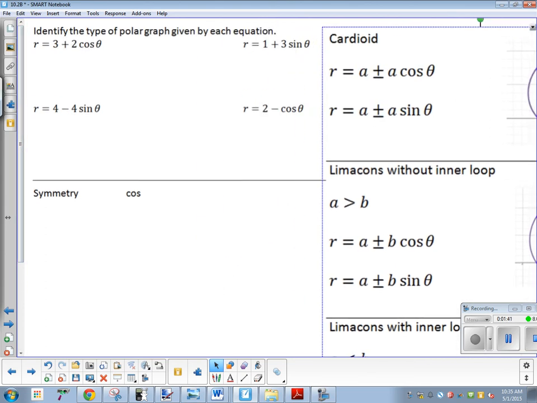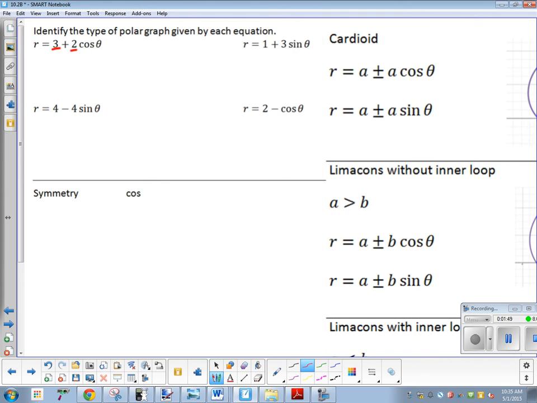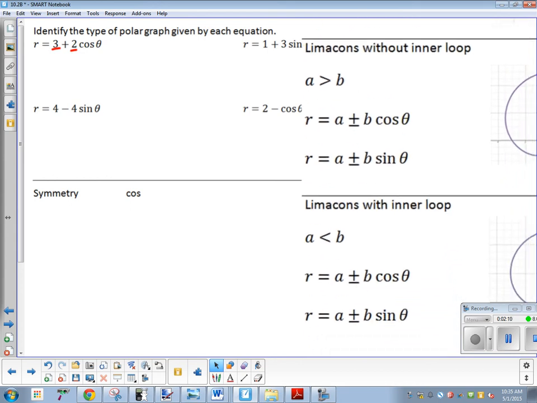Looking at number 1, it says r equals 3 plus 2 cosine of theta. So these are the 2 numbers we're looking at. I don't really care if they're plus or minus. We're just looking at that value here. I guess the first one would matter, but the second one doesn't. So 3 plus 2, are they equal? Are 3 and 2 equal to each other? No, so it is not a cardioid. It is not a cardioid.